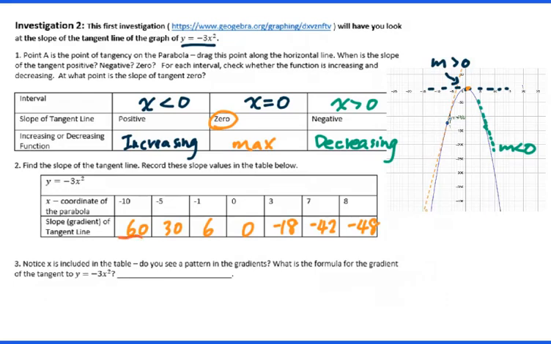And we can figure out the pattern for this table. We write down y prime equals -3x squared prime equals -6x.